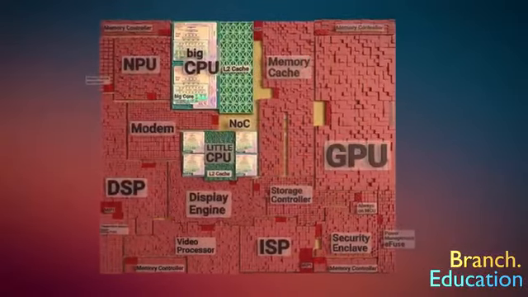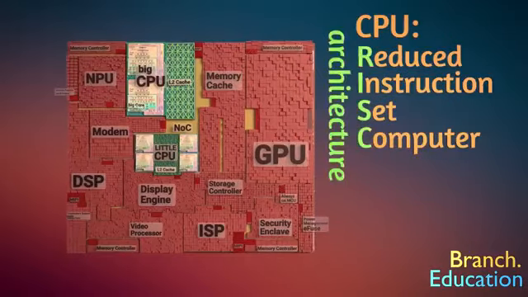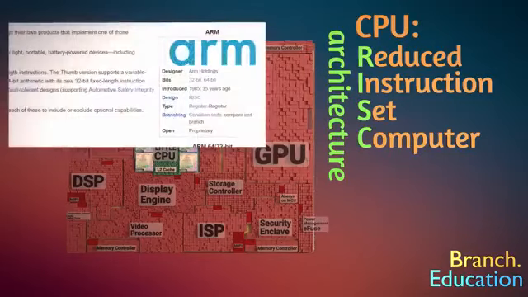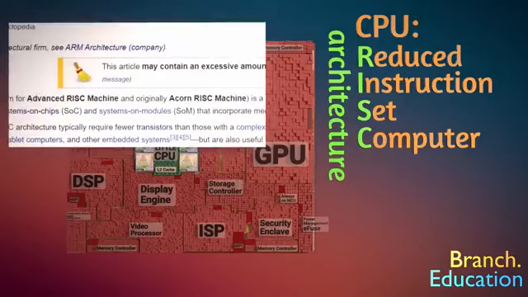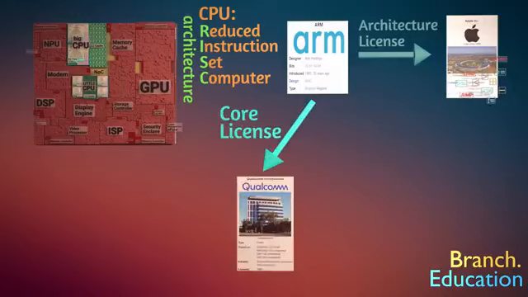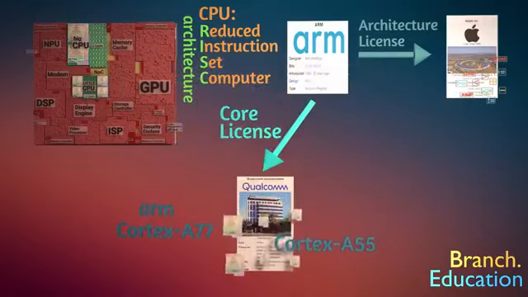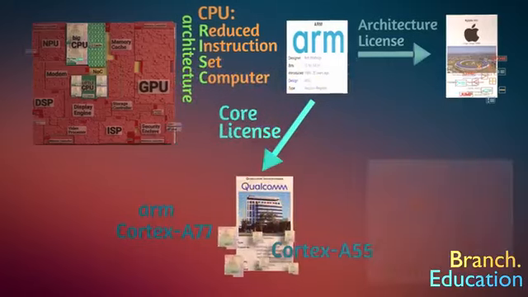All smartphones use a reduced instruction set computer, or RISC architecture, and almost all of these architectures are licensed from a company called ARM, which stands for Advanced RISC Machines. Some companies like Apple license the instruction set architecture, or ISA, from ARM and use this ISA to design their processor cores in-house, whereas other companies like Qualcomm license complete blueprints which are technically called intellectual property cores from ARM.